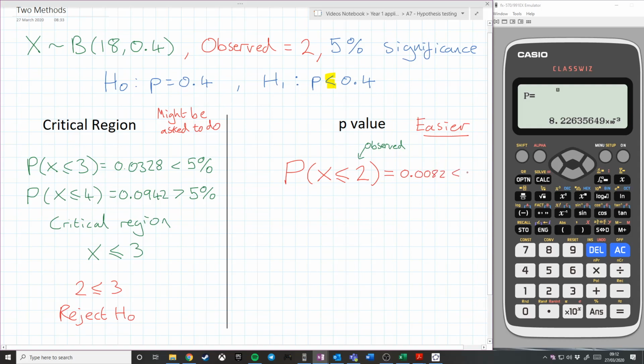And this is certainly less than 5%, which means you must be in the bottom 5% of results. The comparison is that, as I just did, that is less than this, and so we reject H0. And that's it. So that is easier.